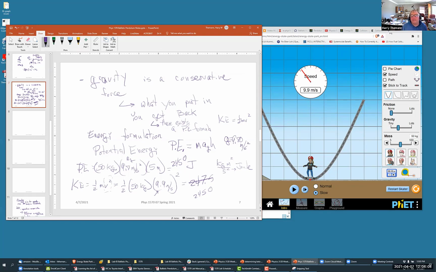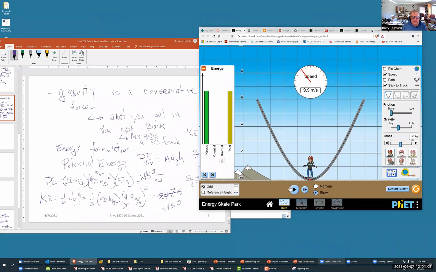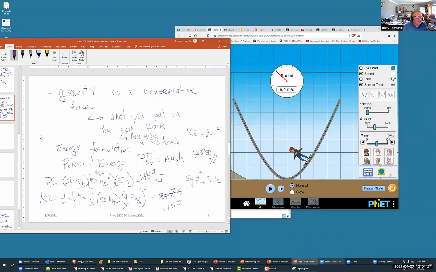Excuse me. Now, so let's go back to the sim and let's just turn it loose. Notice, the total energy stays constant. Total mechanical energy, anyway, because of course the conservative force in question.